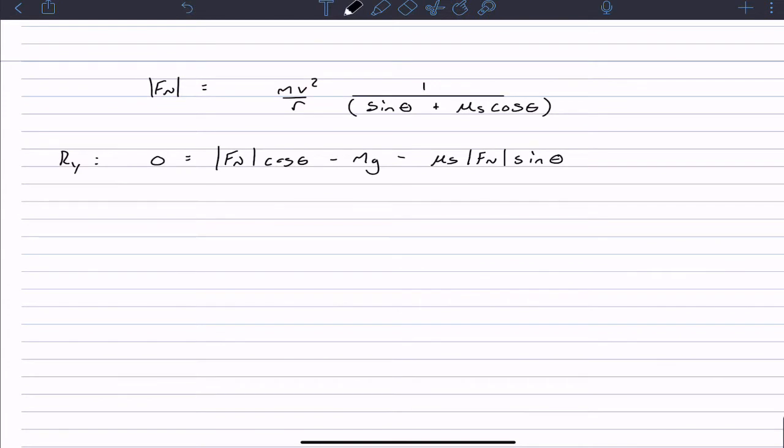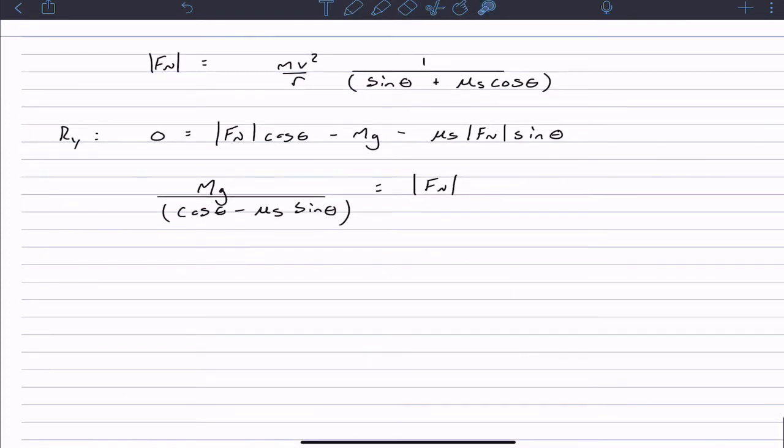So now, since we're on the y direction here, we have a way we can solve this. mg over cosine theta minus mu s sine theta, that's going to equal the normal force, right? So now we have a normal force up here from the x direction and a normal force from the y direction.